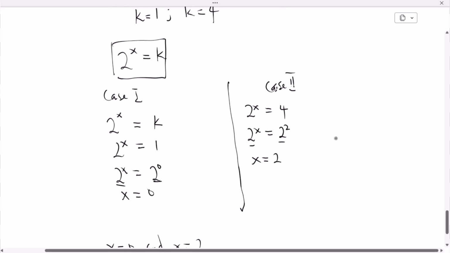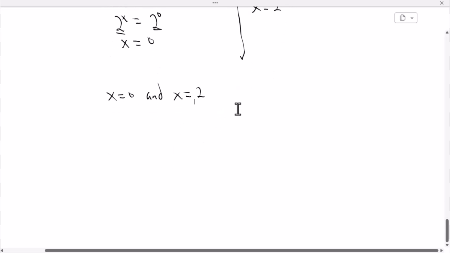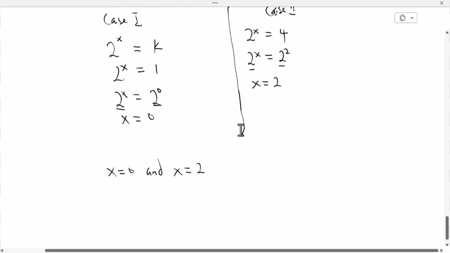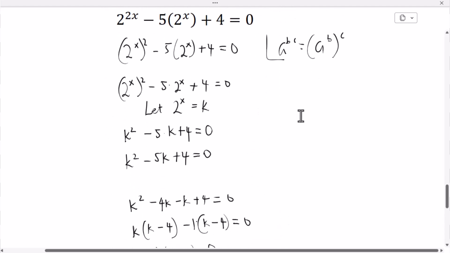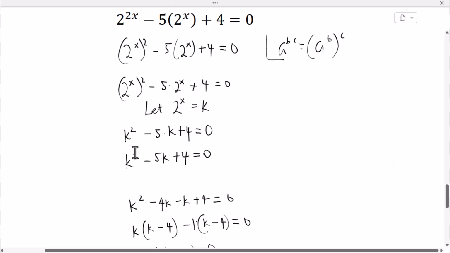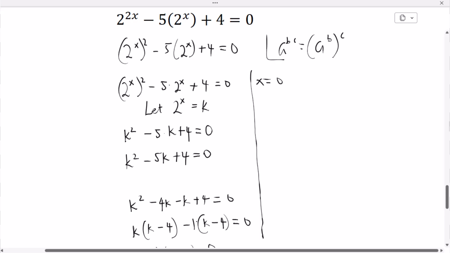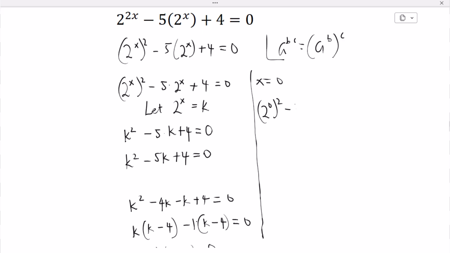Now let's go ahead and test these values, x equals 0 and x equals 2, to see if they are the true solutions of the equation. So over here, I'm going to substitute the values and see if they are actually correct. The first value we had for x is x equals 0. So we are going to have 2 to the power 0 all squared minus 5 multiplying 2 to the power 0 plus 4.